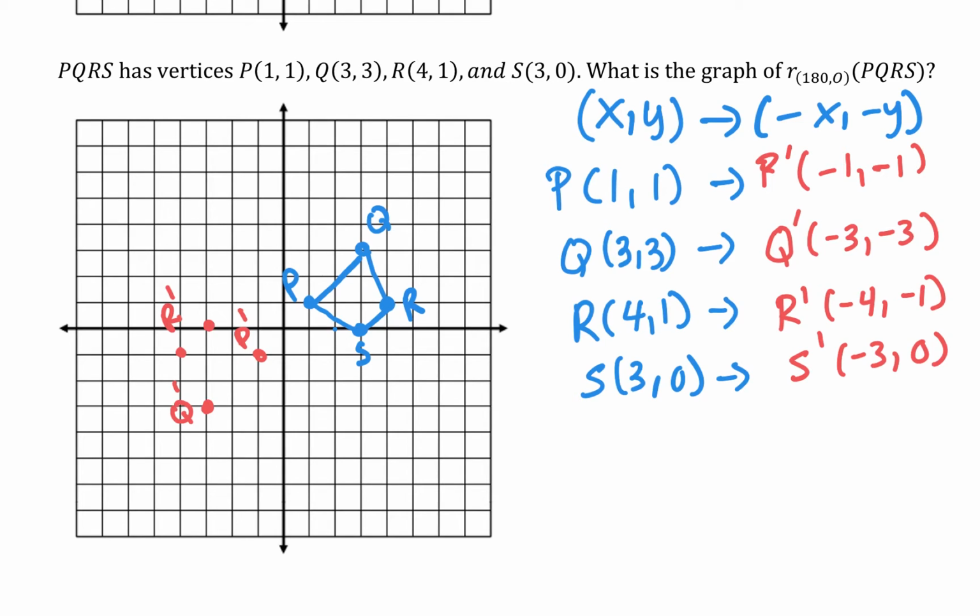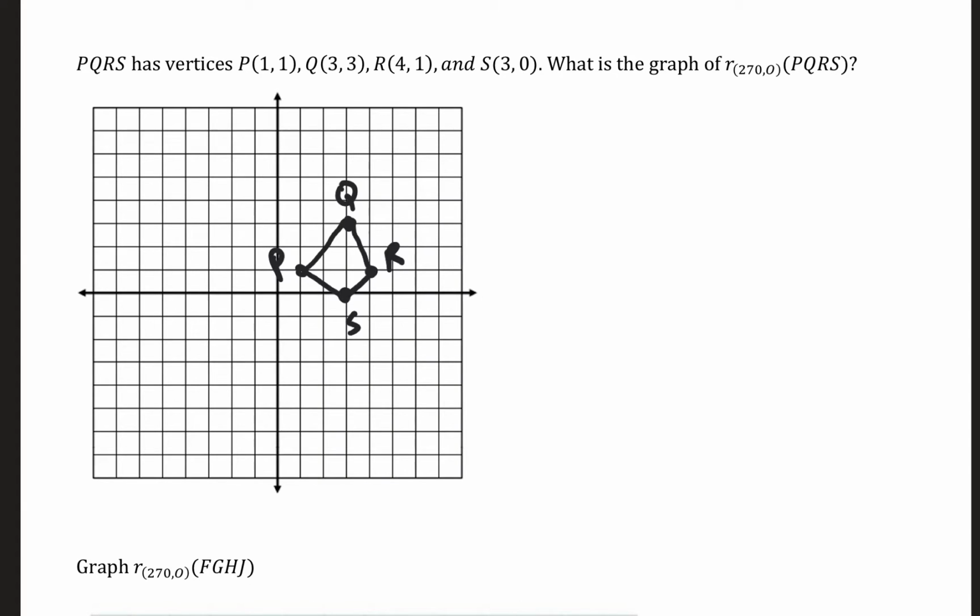So that will be S prime. We connect the points, and there's our rotation of 180 degrees. It says PQRS has vertices, and they're the vertices. What is a graph of the rotation? Now you notice that 270 comes after or comes before the 0. This is counterclockwise.